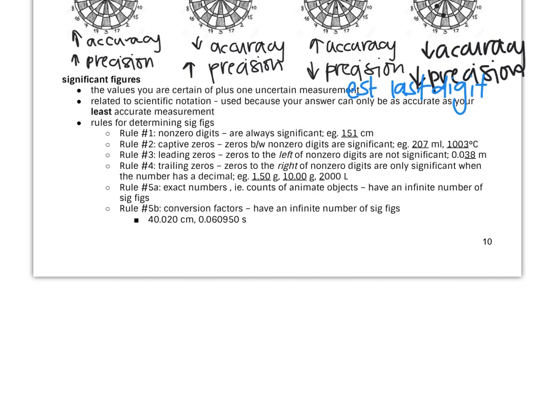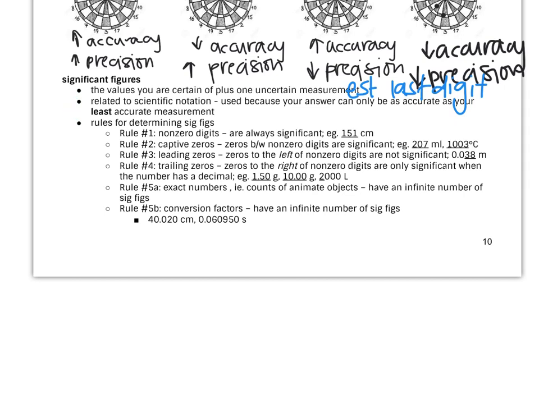You were able to just estimate on that first uncertain measurement. So this allows you to be certain of the value you're certain of plus that one uncertain measurement. You won't go out to the thousandths place, just that one uncertain measurement.